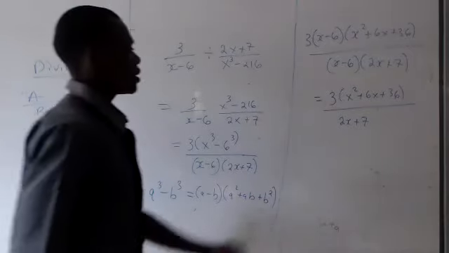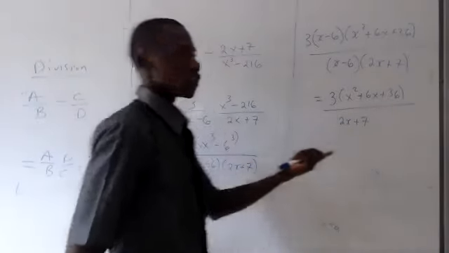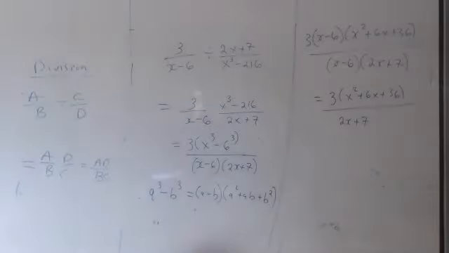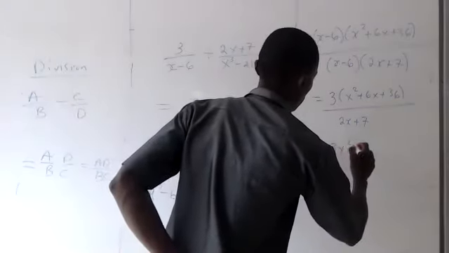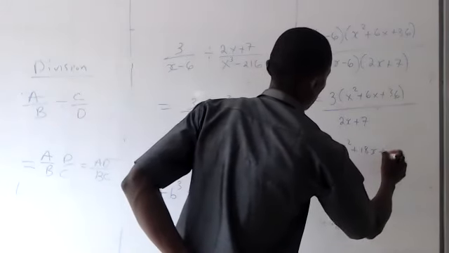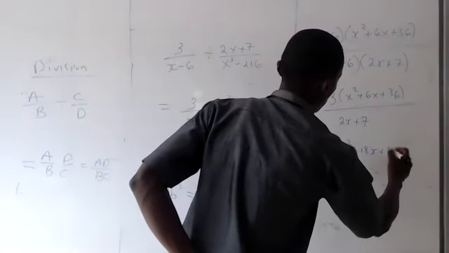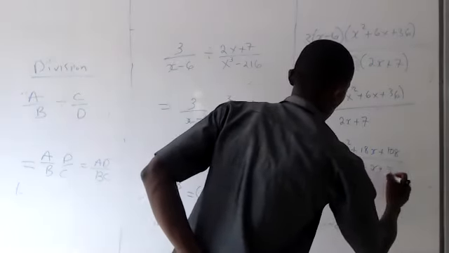You could leave your answer at this stage, or you could go ahead and divide, long division of polynomials. Of course, this is the same as 3x squared plus 18x plus 108 divided by 2x plus 7.